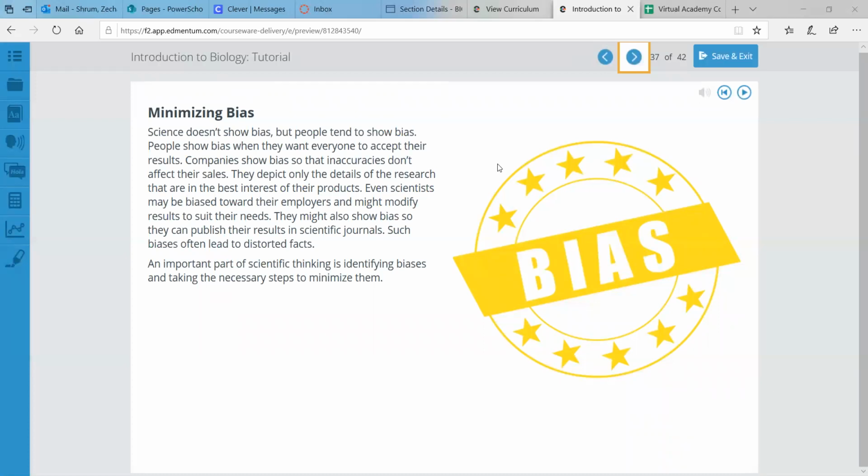And that can distort facts and just leave everyone a little confused. So the best thing to do is to identify bias and make it as small as possible.